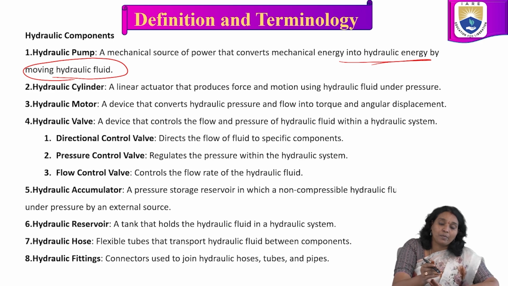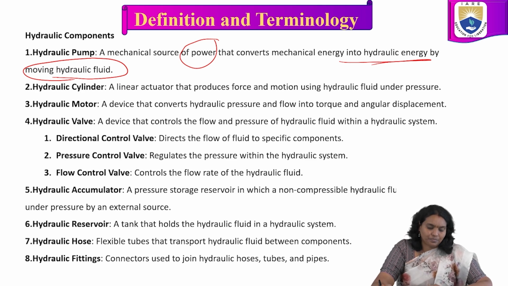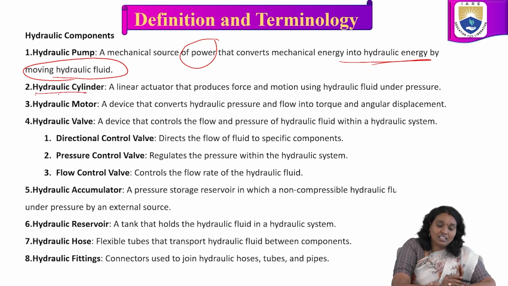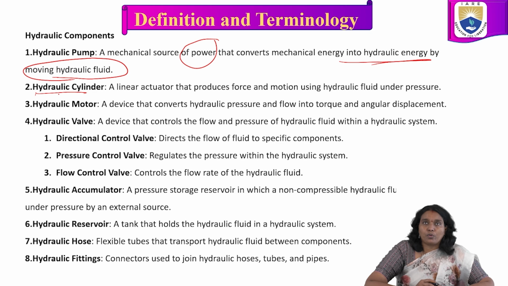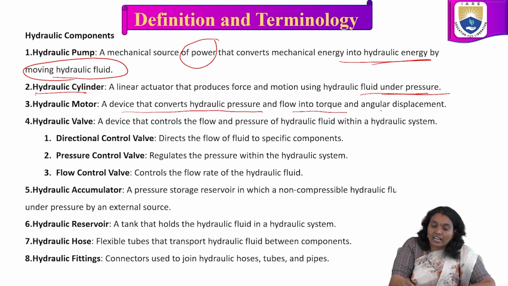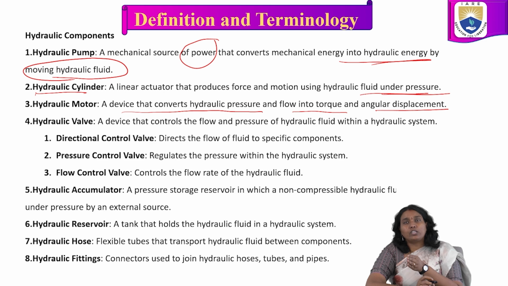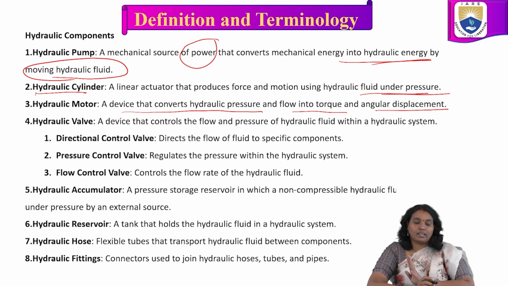Hydraulic cylinder, a linear actuator that produces force and motion using hydraulic fluid under pressure. Hydraulic motor, a device that converts hydraulic pressure and flow into torque and angular displacement.